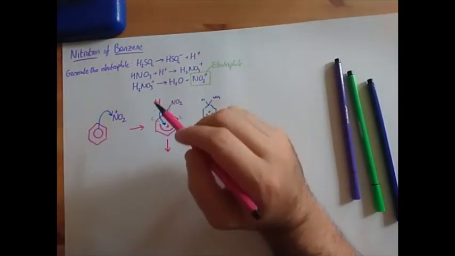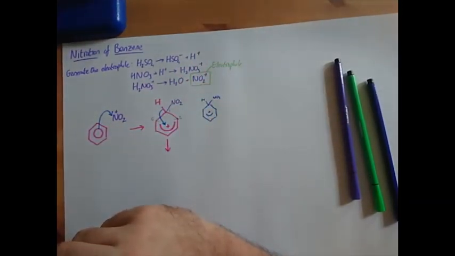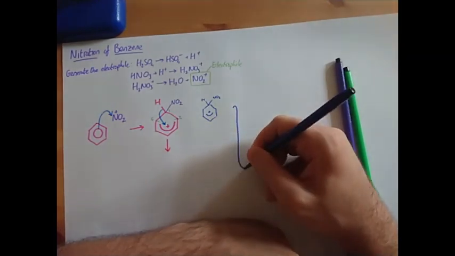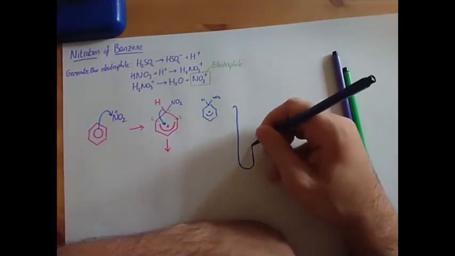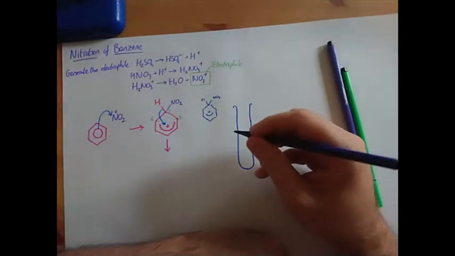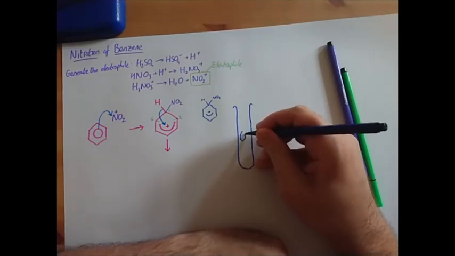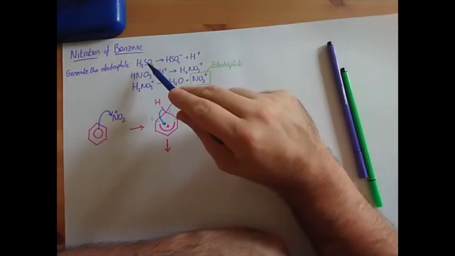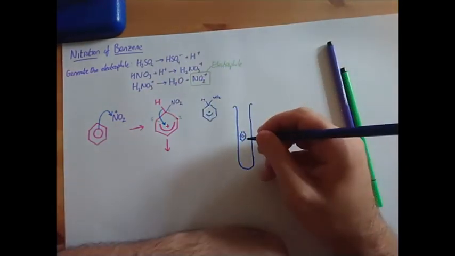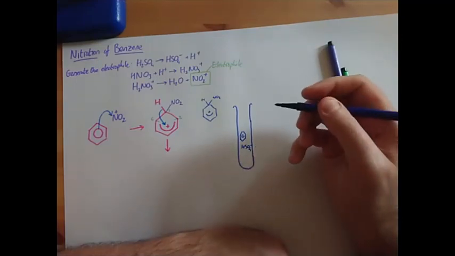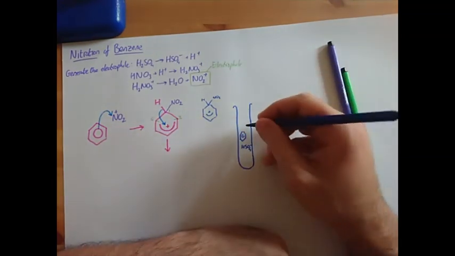If we look at these top equations when we generated the electrophile, if you think that all of this reaction is currently being done in a big test tube, what we've got in this test tube is some benzene. We've got this H2SO4, which has broken up into HSO4 minuses. We've got some extra water in here.